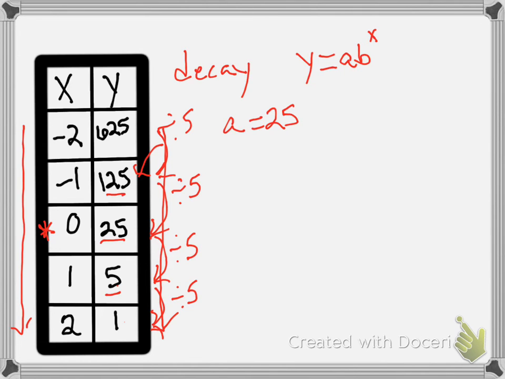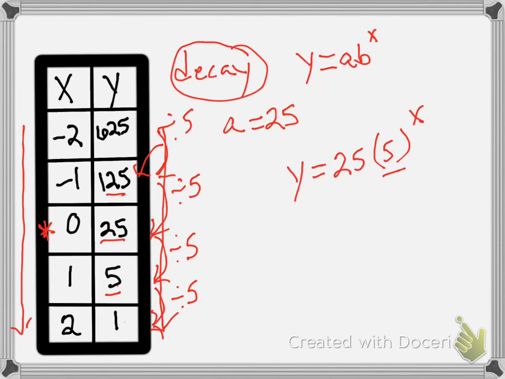But remember what I said earlier. When you make your equation, if we were to write it with a 5 in for b, that 5 is greater than 1, which means that the equation is showing exponential growth. But we already talked about a moment ago, this table shows exponential decay because as those x values are getting bigger, the y values are getting smaller.